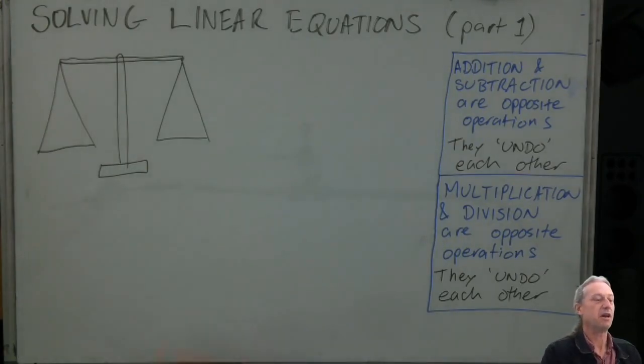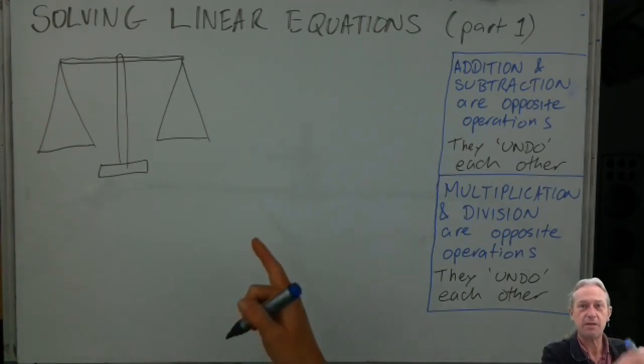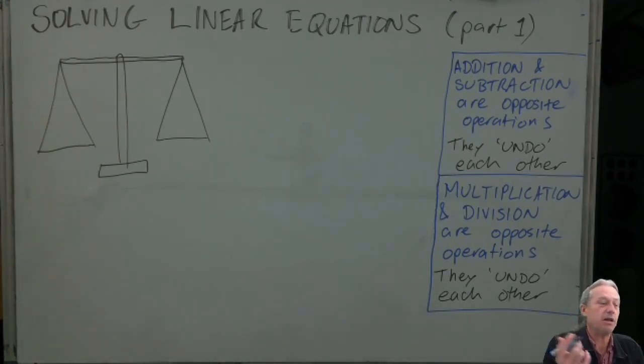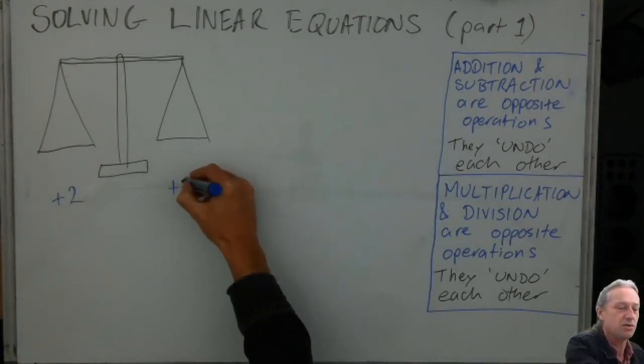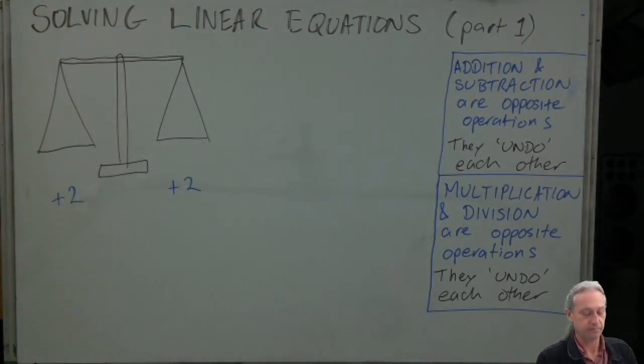So the idea with the balance scales is if they are already in balance, we could add something to one side, and as long as we add the same thing to the other side, it'll stay balanced. So we could add 2 here, as long as we add 2 there, and it will still be balanced.